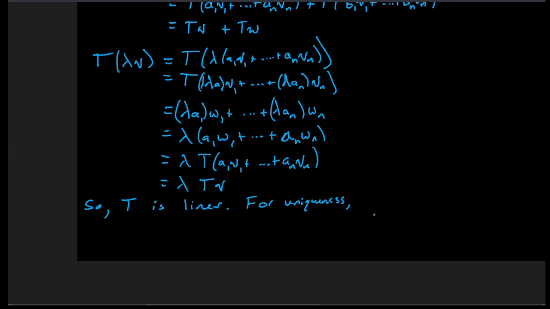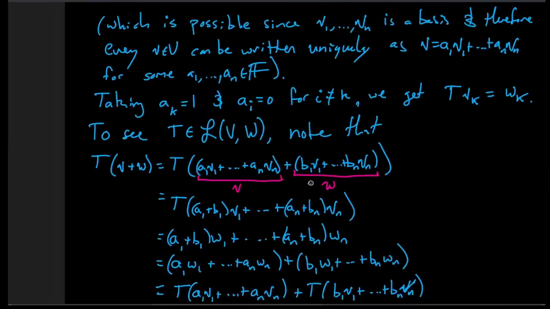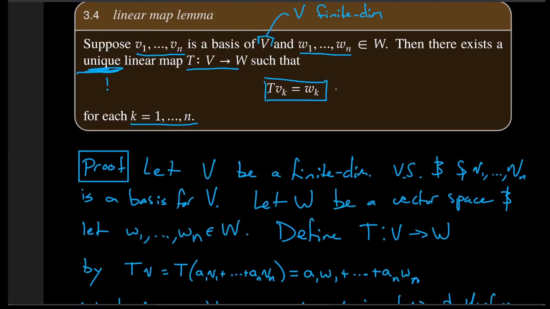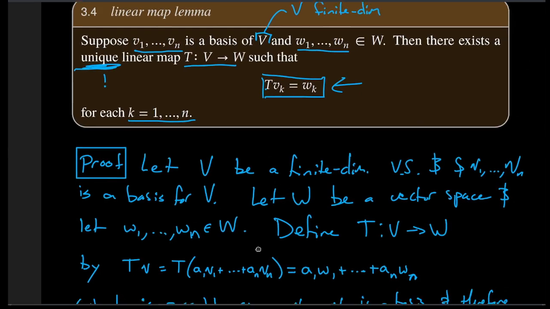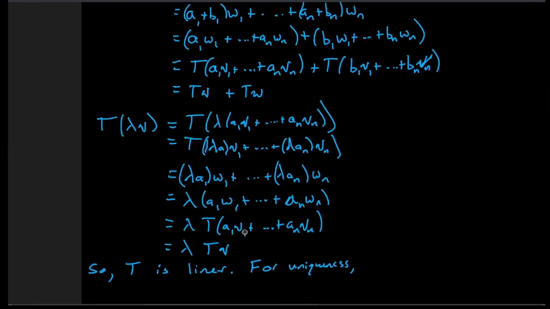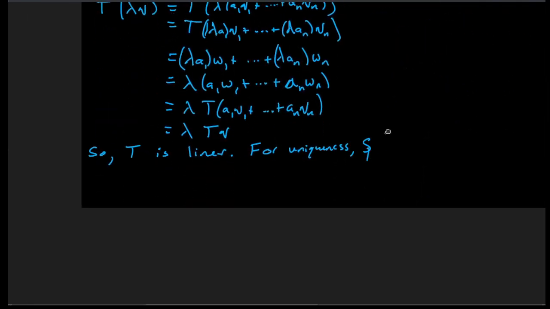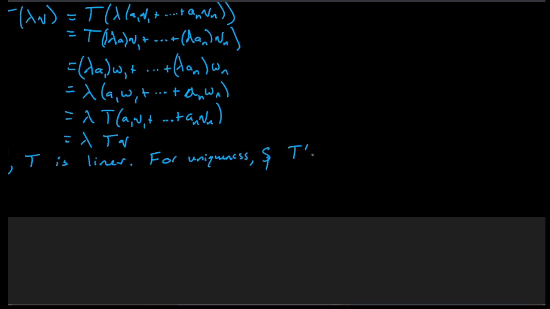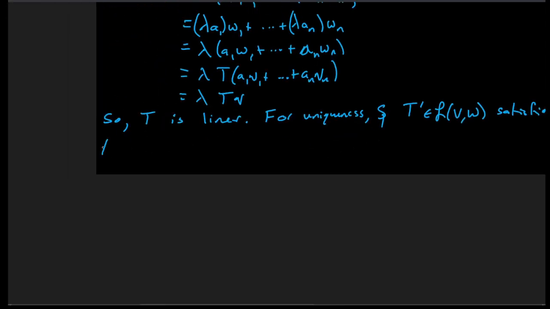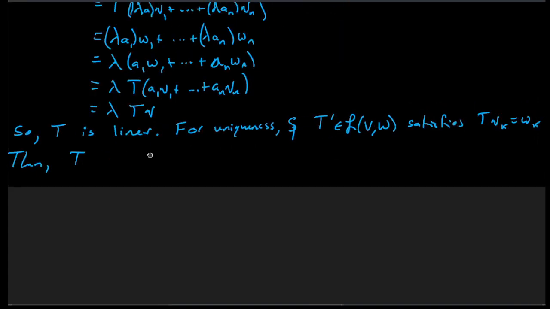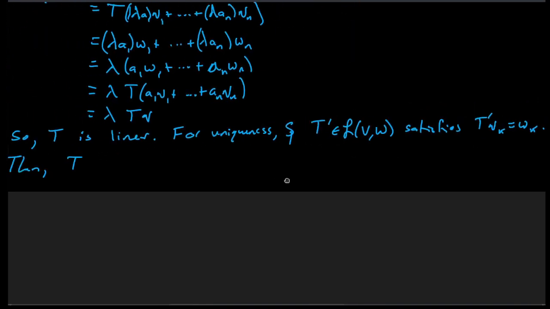Now, for uniqueness, all we have to do is show that if some other map satisfies this property right here, then it's the same map that we just constructed. So let's suppose that T prime, a linear map from V to W, satisfies T prime of VK is equal to WK.